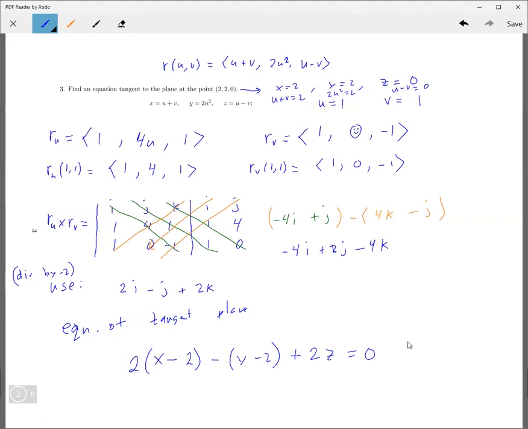That right there should give you the answer if you just put it in like that. Or if you feel like simplifying it some more, then great. But this form of the equation emphasizes that it's going through that point and it's the tangent at that point on the surface.